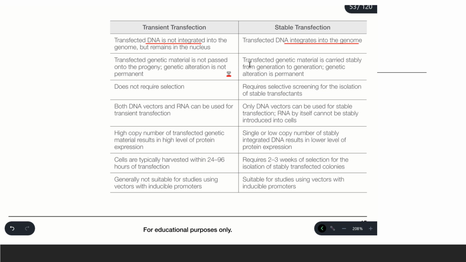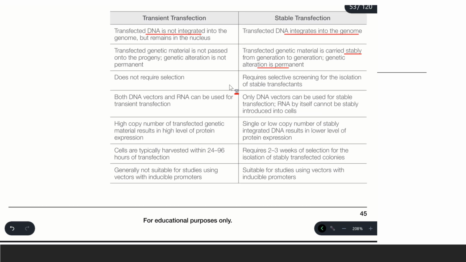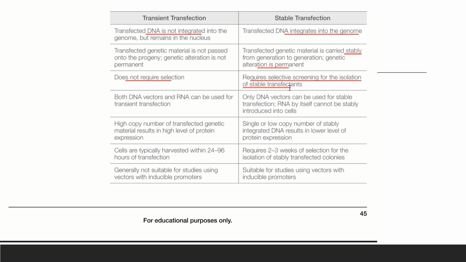The genetic alteration is not permanent, but for the stable transfection, the transfected genetic material is carried stably from generation to generation, and the genetic alteration is permanent. For the transient transfection, this does not require selection, but for a stable transfection, you do require selective screening for the isolation of stable transfectants.